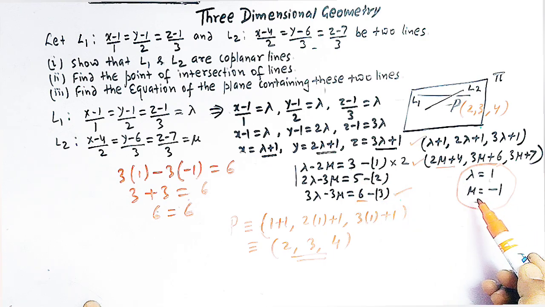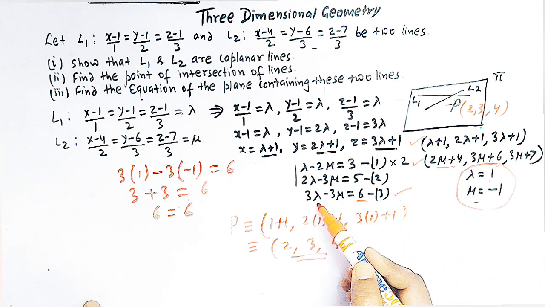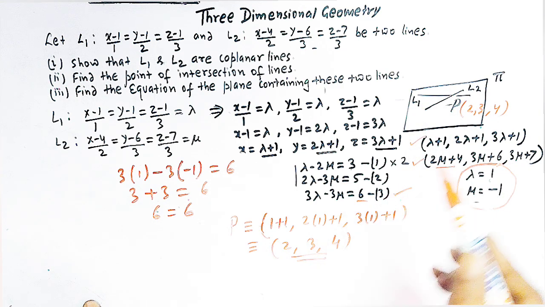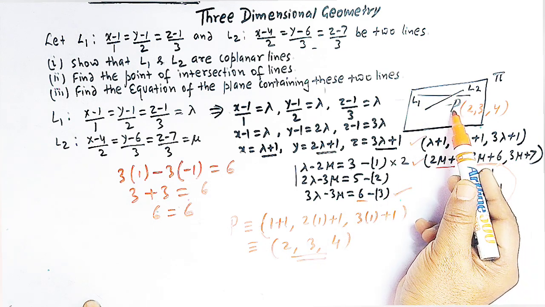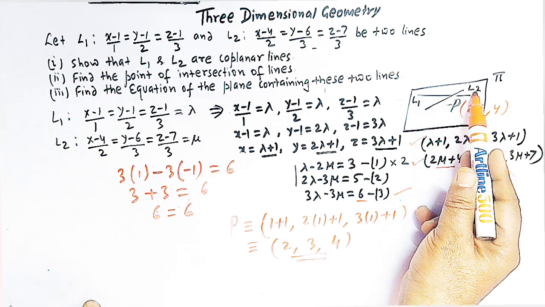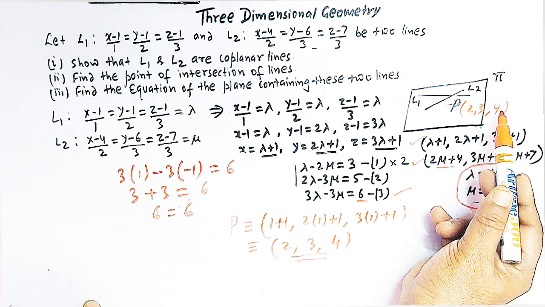And if the value of lambda and mu satisfies the third equation, then it implies that the two lines are intersecting, and we have obtained the coordinates of the point of intersection of the two lines L1 and L2 as 2, 3 and 4.